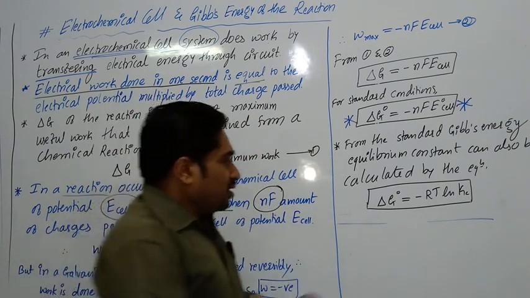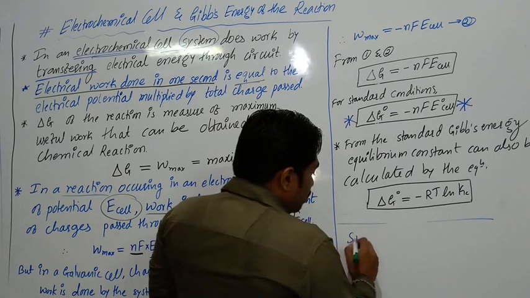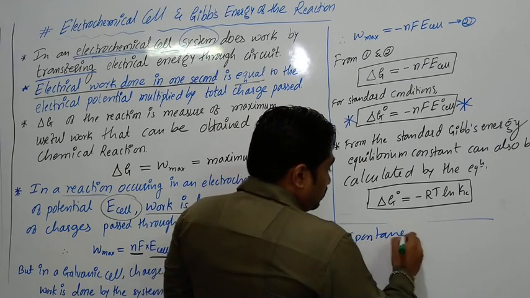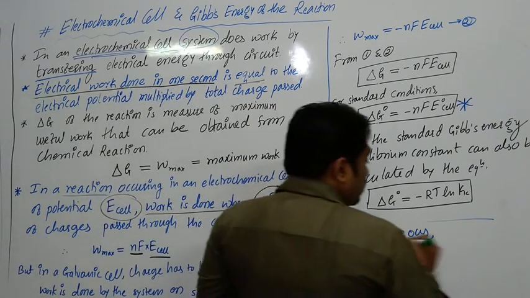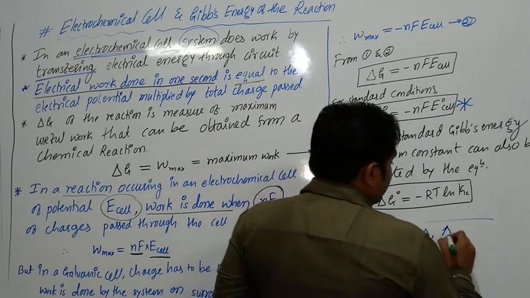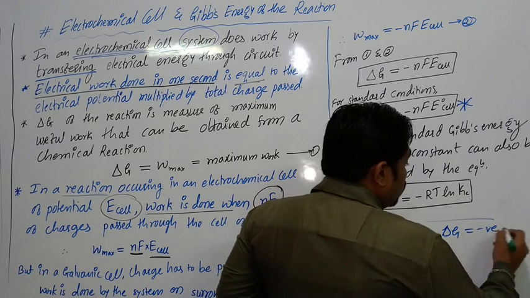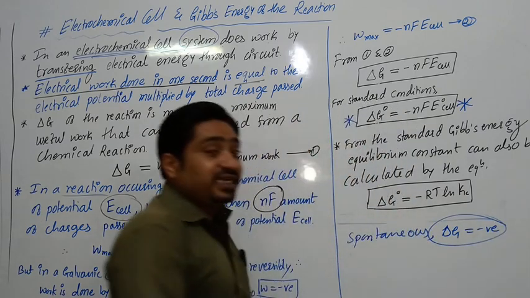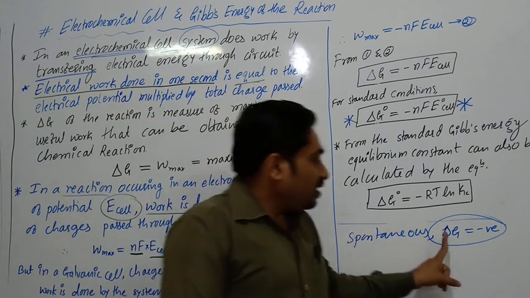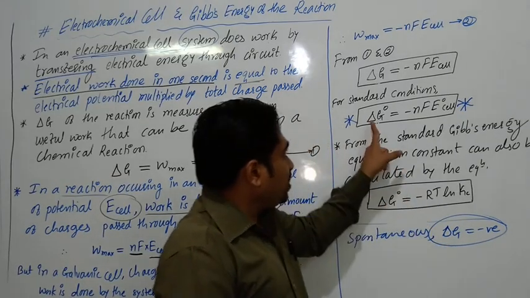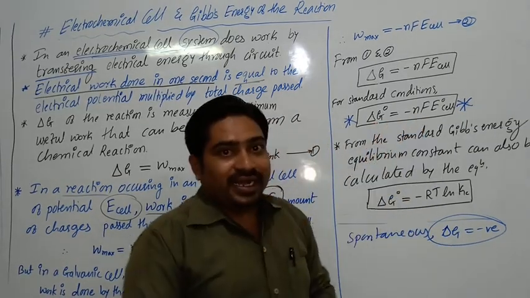See here, for a chemical reaction to be spontaneous, what is our condition? For a spontaneous chemical reaction, delta G must be negative. It must be less than 0. So for a spontaneous chemical reaction, delta G is negative.